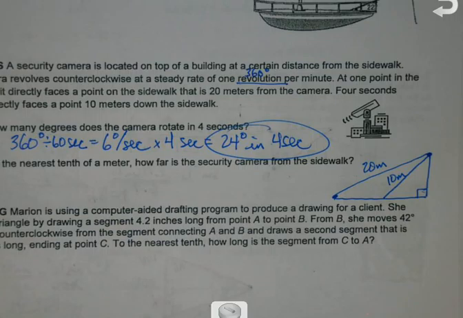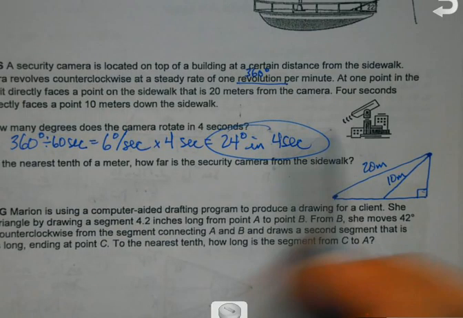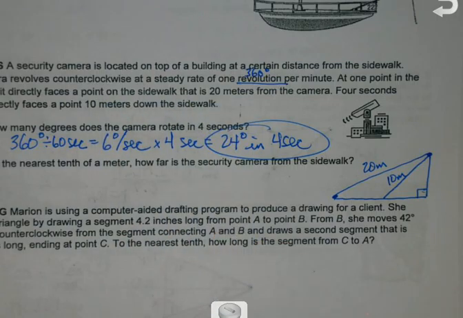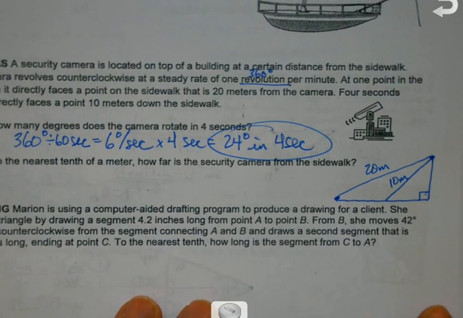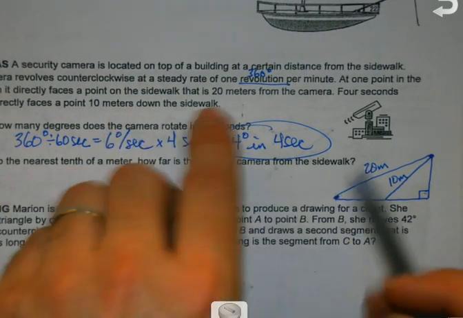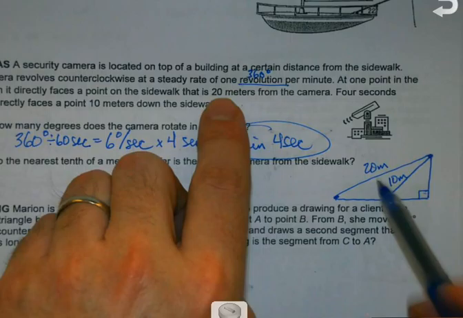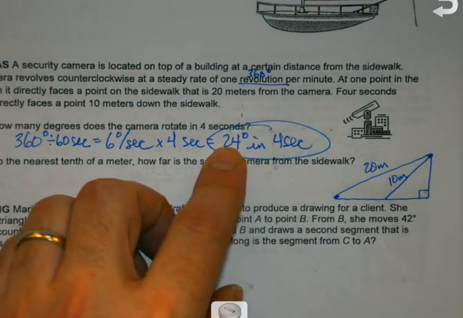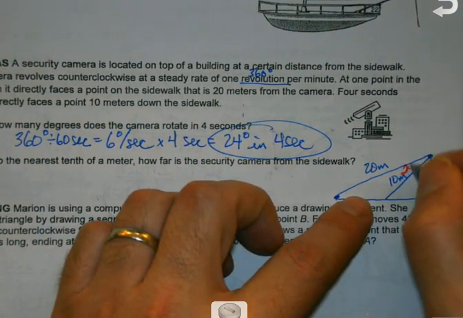Okay, let's go back and kind of look. It said, at one point in the revolution, it faces a point that's 20 meters from the camera. So here's where my part from part A comes in handy. At one point, it's 20 meters from. 4 seconds later, or 24 degrees later, no, it's not time to go.